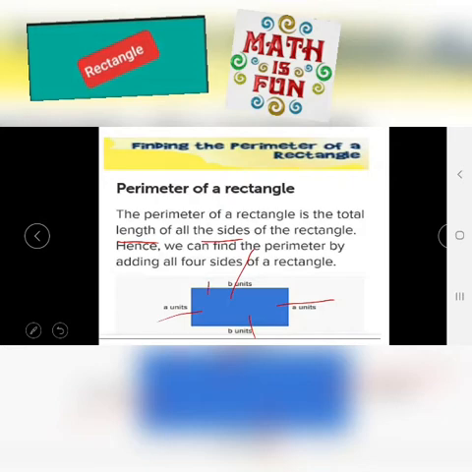So the side here, plus the side here, plus this side, gives the perimeter of a rectangle. Also, in our previous lesson, I told you that the long side has the same measurement as the other long side, and the short side has the same measurement as the other short side.